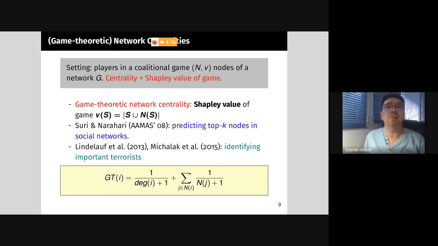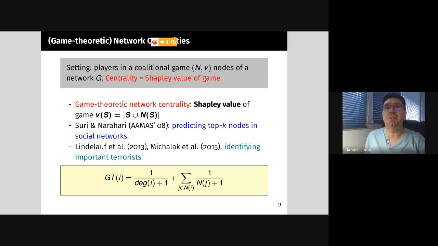This was actually used in other research, for instance, for finding nodes that kind of spread epidemics. Although it's not the kind of epidemics that we're talking about today, but this was a Suri and Narahari paper, they were using such a measure. Okay?